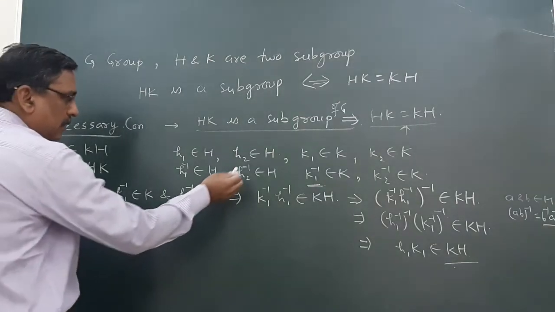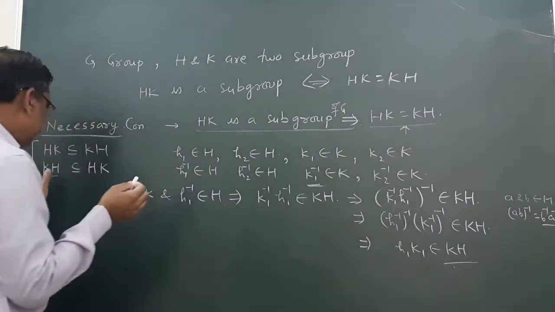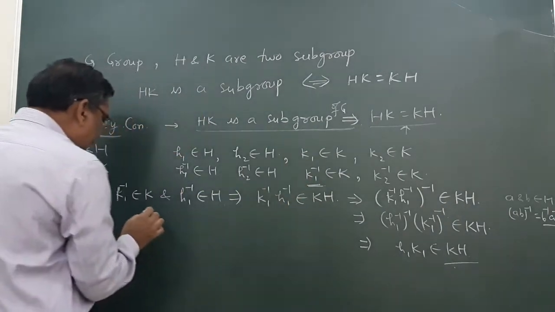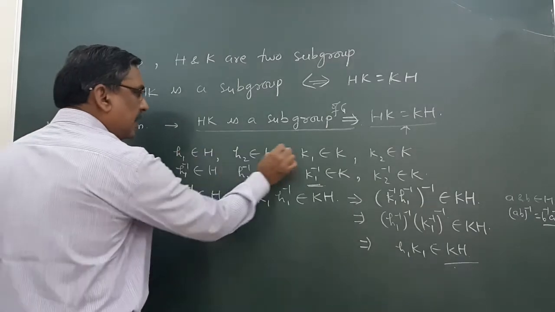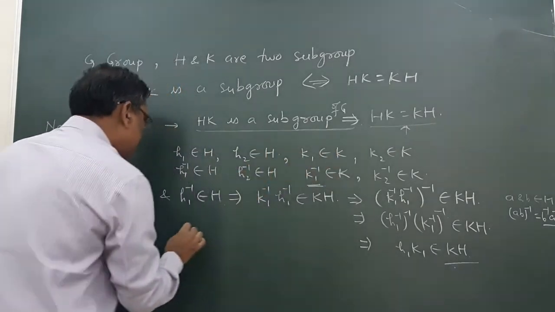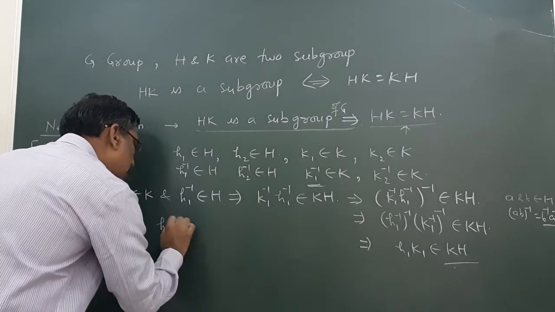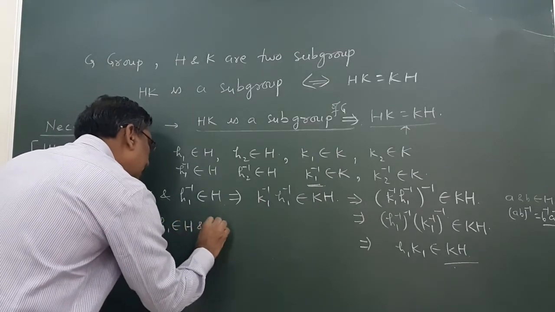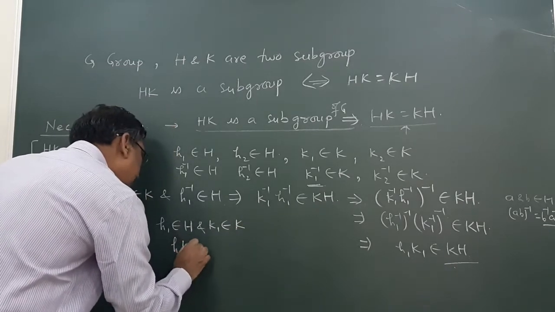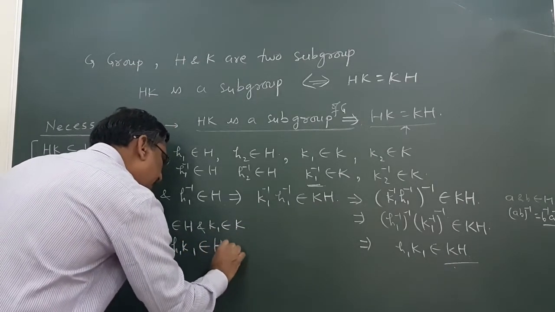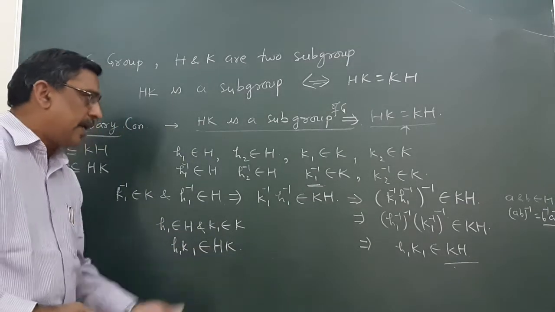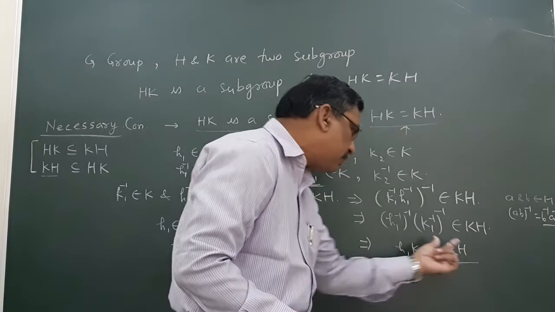But we are given that H1 K1 belongs to HK, since H1 belongs to H and K1 belongs to K. So H1 K1 belongs to HK, and H1 K1 belongs to KH.